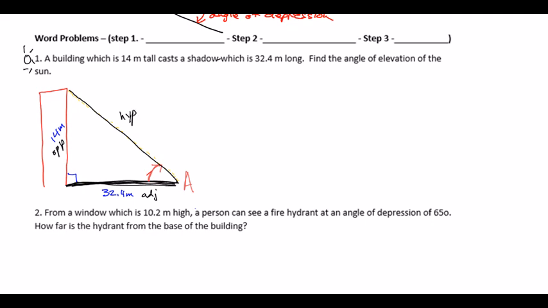Now, because we have our adjacent, our opposite, and our hypotenuse, we can decide what we're going to do. So we'll write SOHCAHTOA here up at the top so we have our visual representation of what we're looking for.